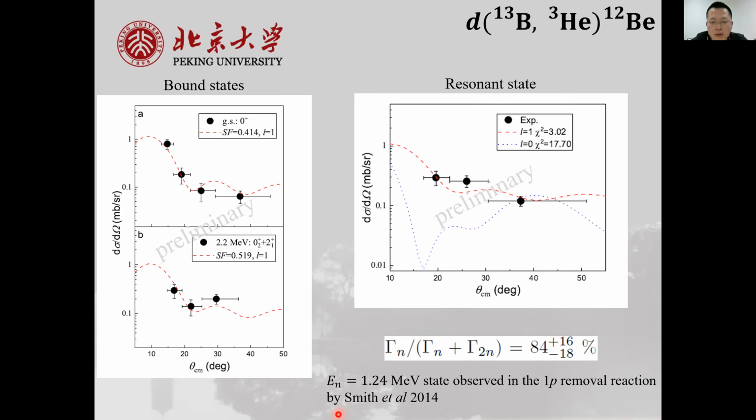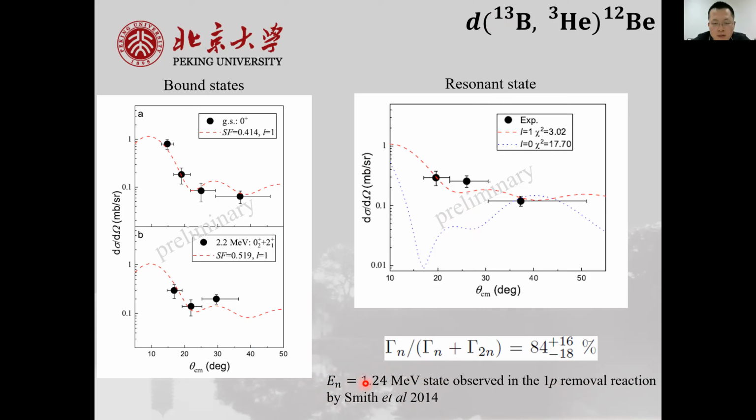As I mentioned, in the single proton removal reaction, they observed a resonance state with a neutron relative energy of about 1.2 MeV.